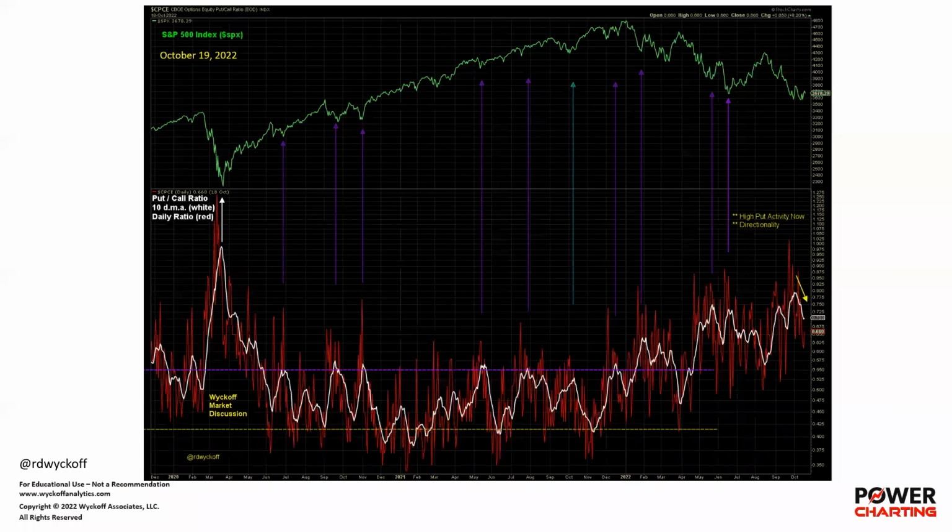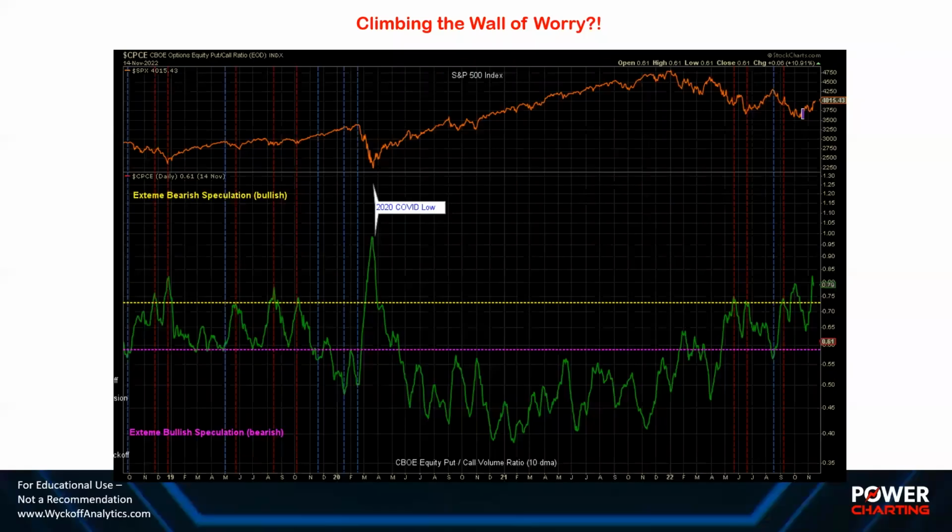Okay, so let's look at the put call ratio on a 10-day moving average basis. And here we had pointed out when this extreme had happened that we had extreme pessimism, and we would look for a turn and a trend to indicate the market was ready to rally. This was the S&P as of October 19th. What has happened since? Something quite fascinating. We're going to use, I believe this is credited to Joe Granville, climbing the wall of worry.